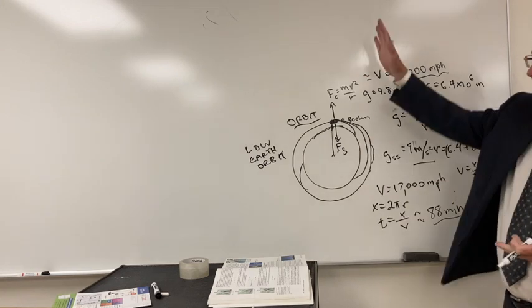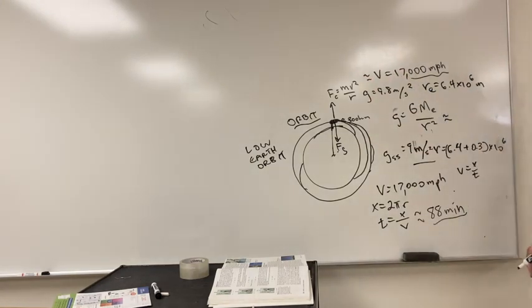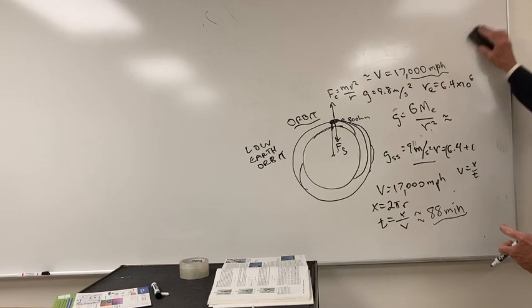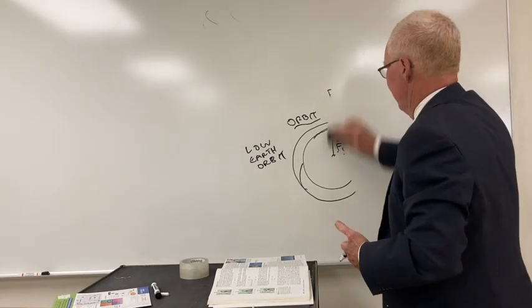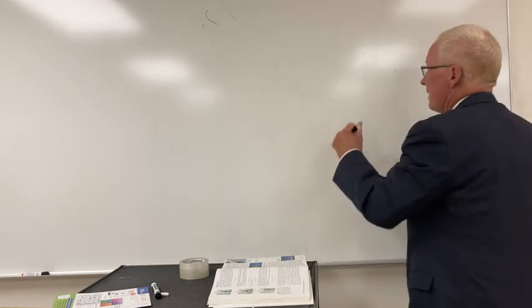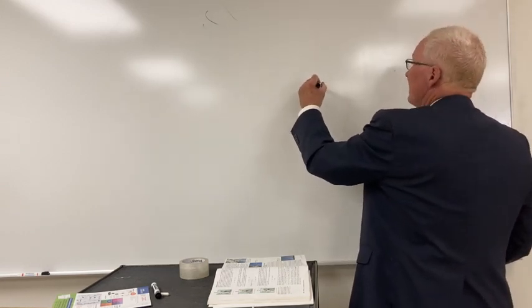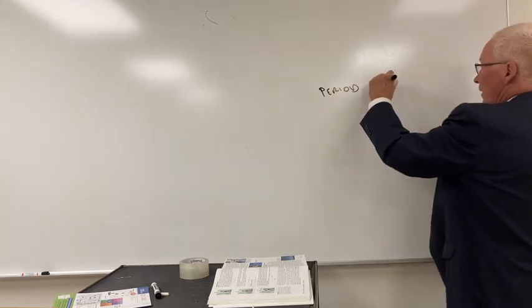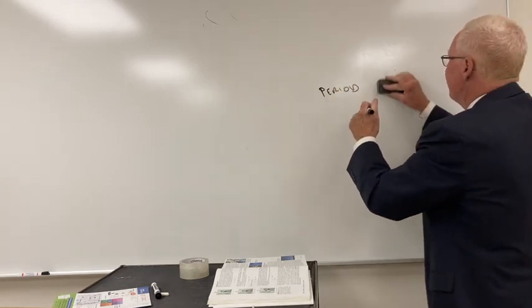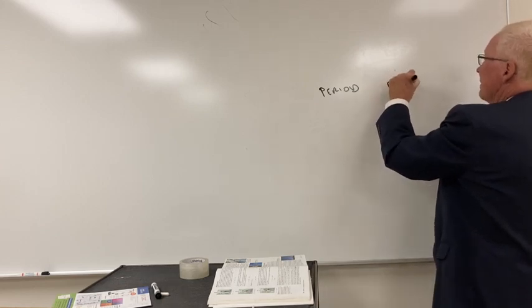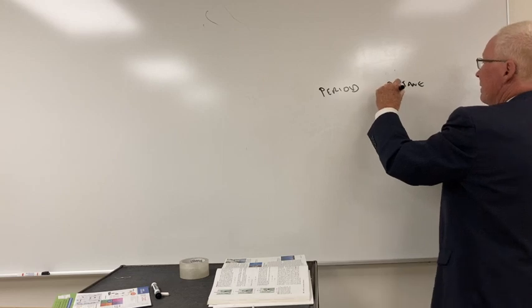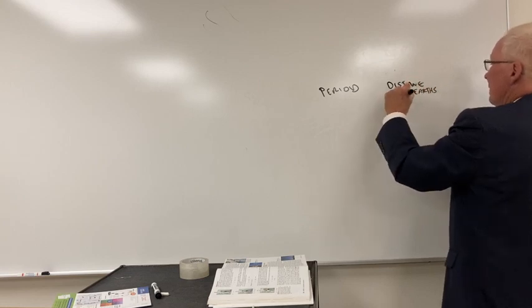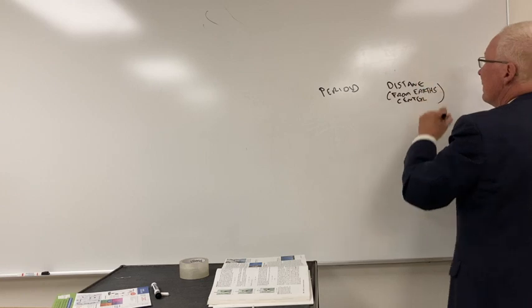Now, what if we're farther up? What about the moon? We'll get into three different things here: period, and radius or distance.